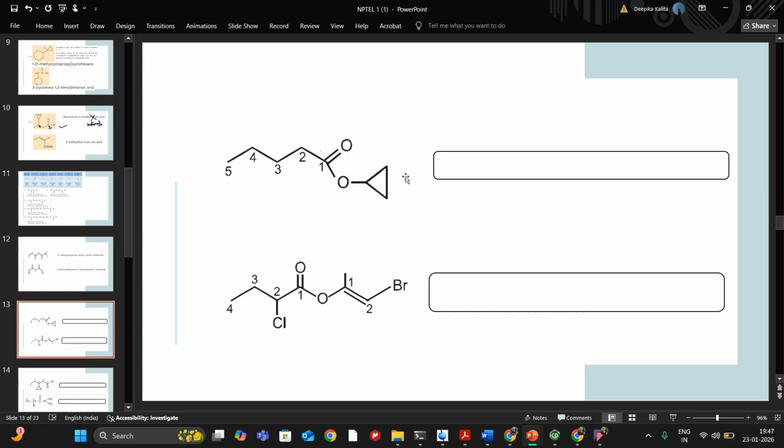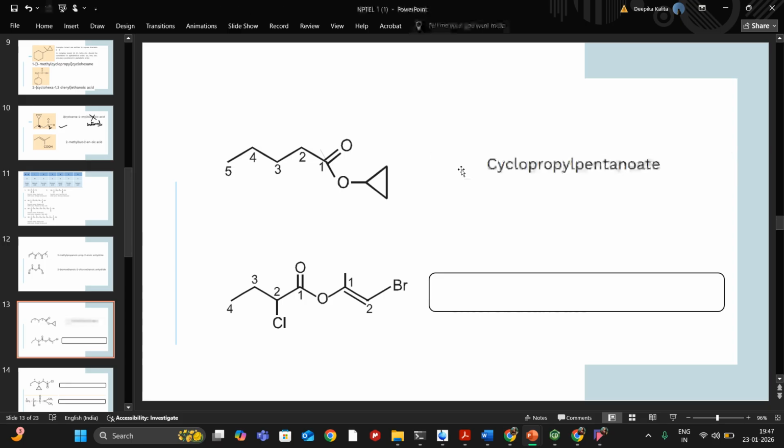Hence, the substituent side will come first and then it will be followed by the parent hydrocarbon chain. The side which is attached to the carbonyl group will be called the main parent chain of this compound, and hence it will be called cyclopropyl pentanoate.